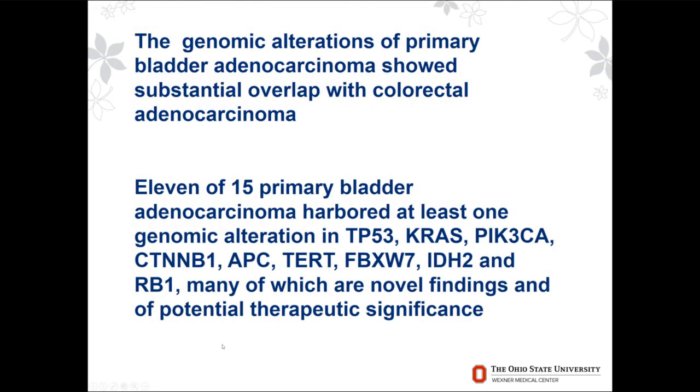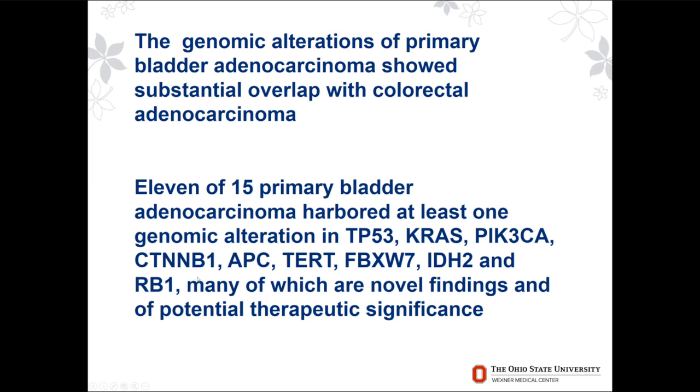If you look at the conclusions from the study, they have substantial overlap with colorectal adenocarcinomas in terms of genomic changes. 11 of the 15 cancers showed at least one genomic alteration in P53, KRAS, PIK3CA, APC, IDH, many of which are novel.